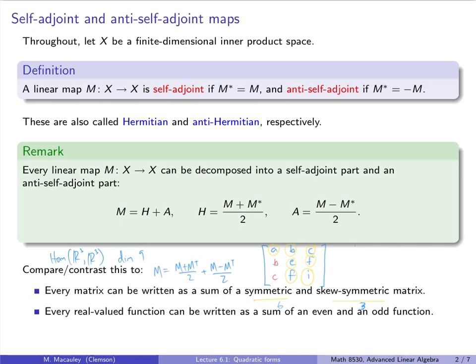Now for a skew-symmetric matrix, that means that A_ij equals negative A_ji. So clearly the diagonal entries have to be 0, because A_ii equals negative A_ii. So these have to be 0.